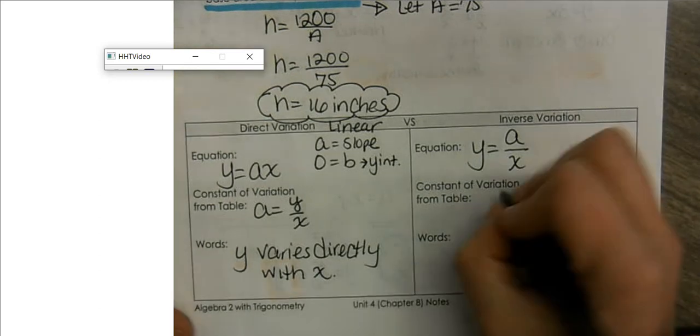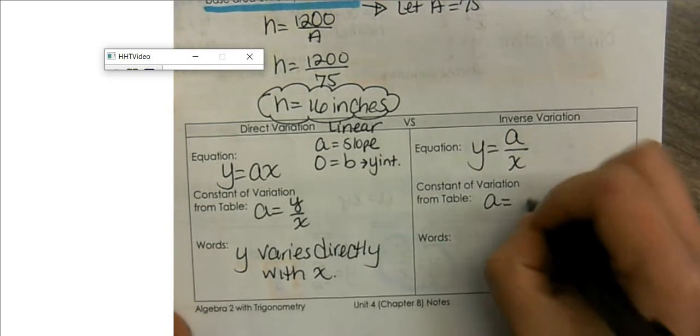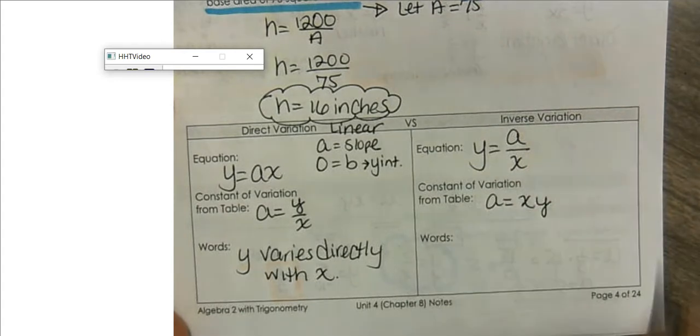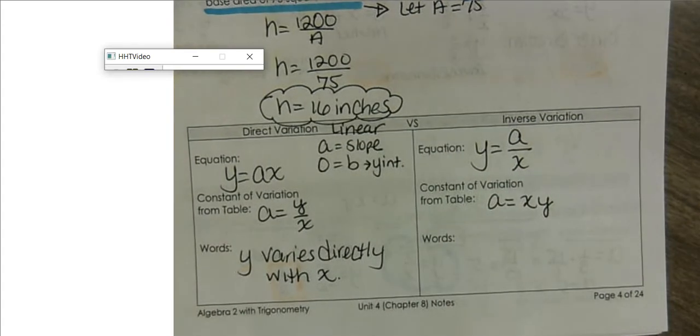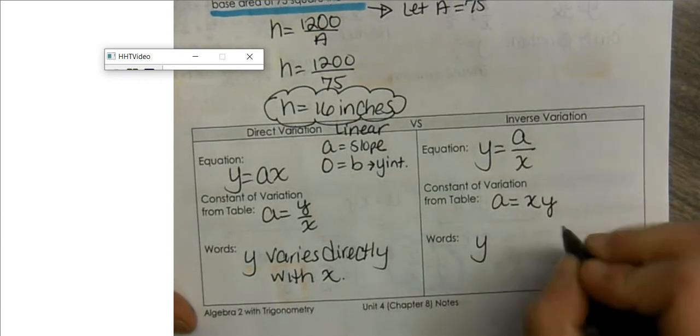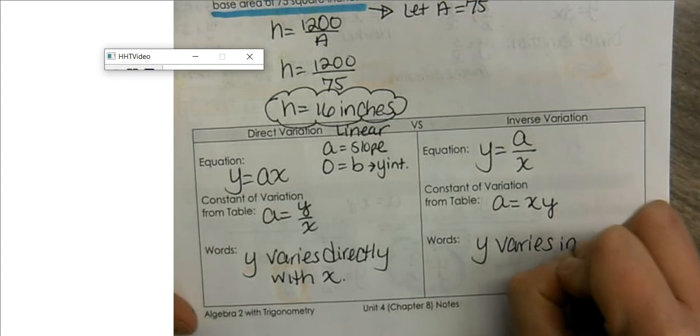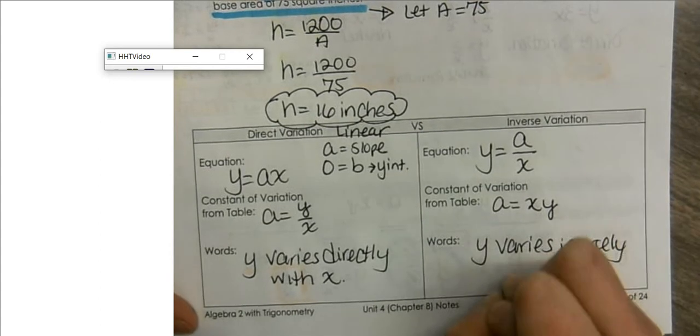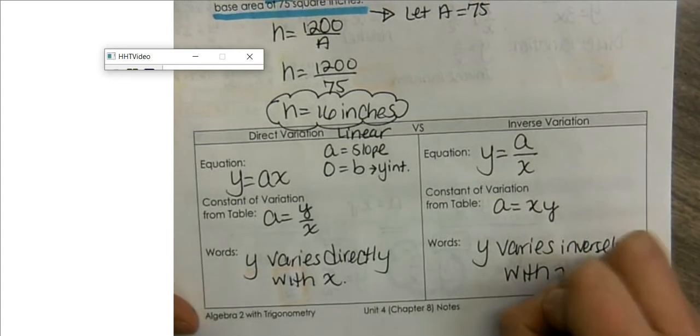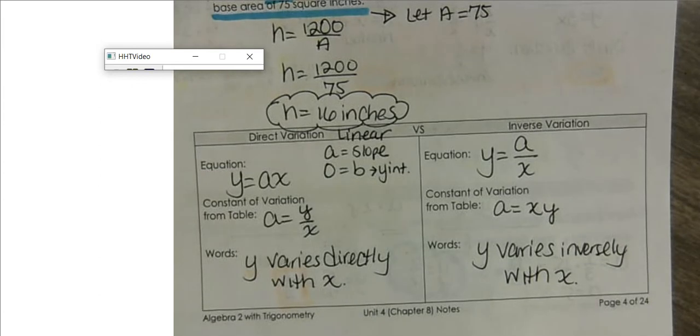Instead, in a table of values, our A value is going to be x times y, not y divided by x related to slope. So it's completely different. And in words, we're going to write y varies inversely with x. So there's either directly or inversely.